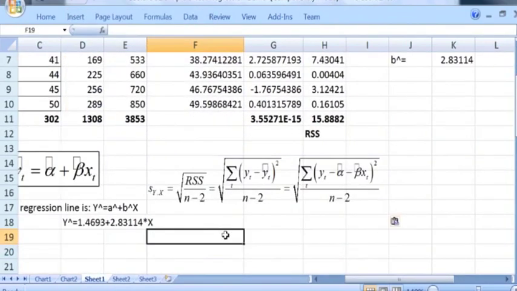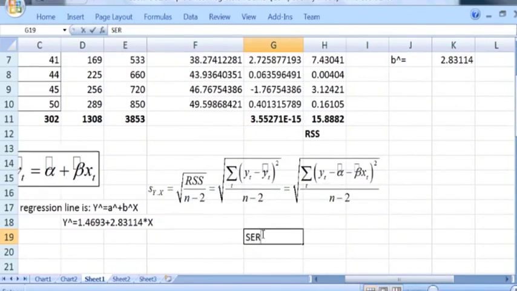So now, in order to calculate standard error of regression, which is SER, I need to divide RSS by n minus 2. Just put an equal sign. This is RSS divided by n minus 2. N is 9, so 9 minus 2.